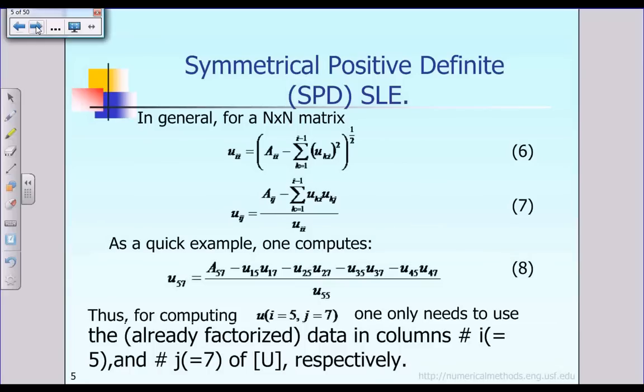Using the same idea, mathematicians already developed a general formula, equation 6, that will help us figure out all the diagonal terms of the matrix U. And we can also use equation 7 to find all the off-diagonal terms of the factorized matrix U.